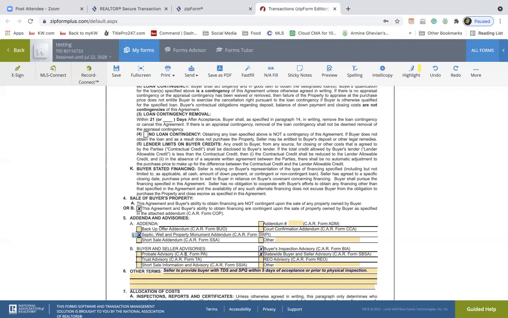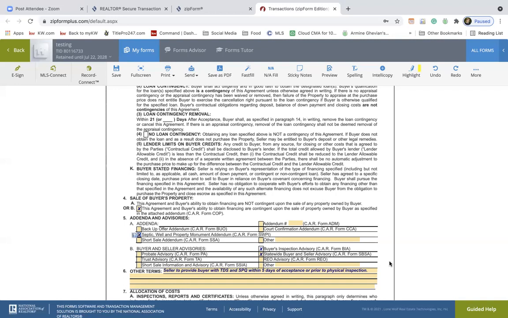You remember, and then all those things, you will just add whatever is required. Other terms: seller to provide buyer with TDS and SPQ within 5 days of acceptance. I'm sure by now you all know what TDS stands for, right? What does TDS stand for? Transfer disclosure statement.